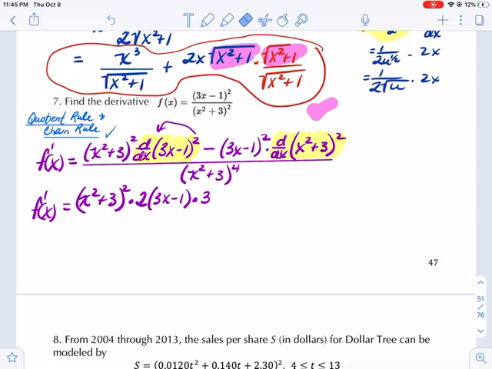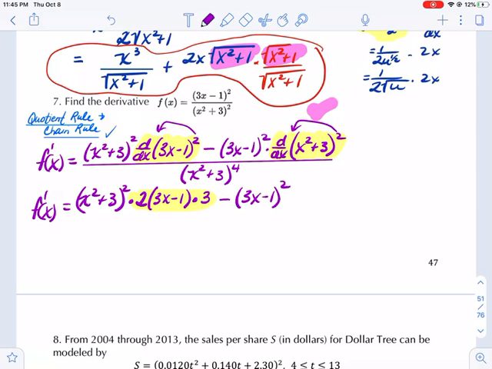So that's the derivative of the inside, the derivative of the high, as you say, the upper. I always say low d high, less high d low. It has always stuck with me. Okay, 3x minus 1 squared gets put in there, and then we now take the derivative of x squared plus 3 squared. So what I'm going to do is the same thing.